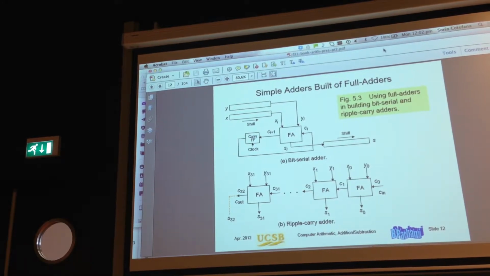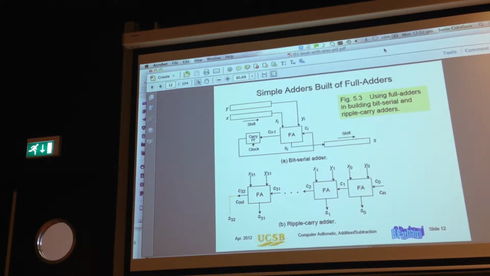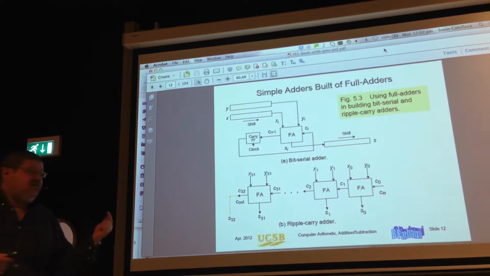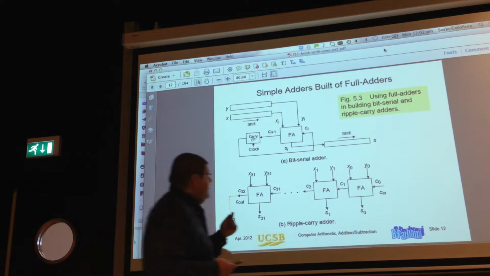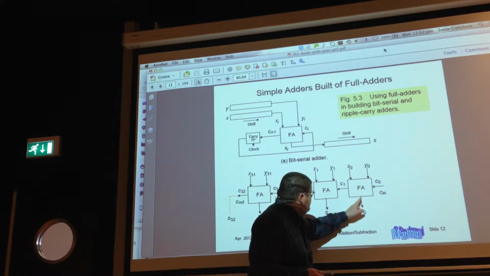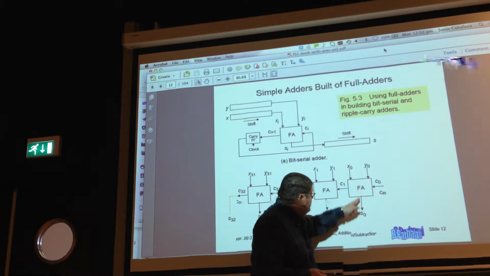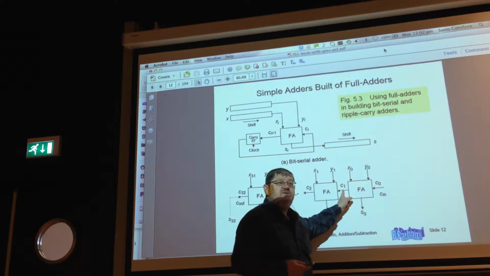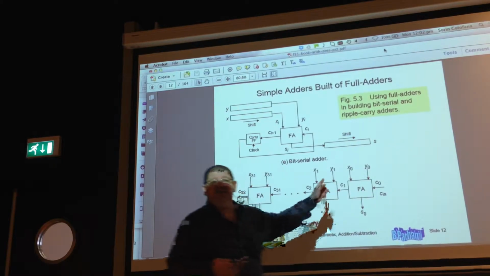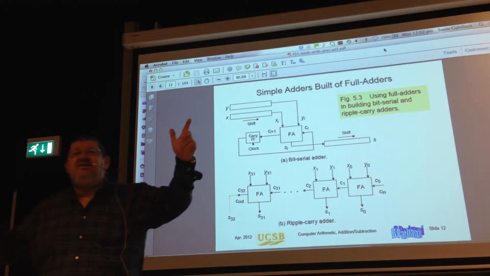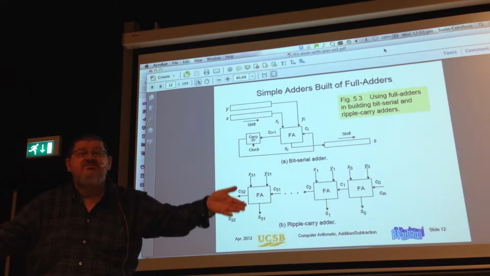I will take the operands in the same way you learned to do addition in primary school, from the least significant position, and I will do addition one position at a time. I take this, I do the addition, I produce this, and I transfer, which in my time was kind of saying that I will remember that for the next position.